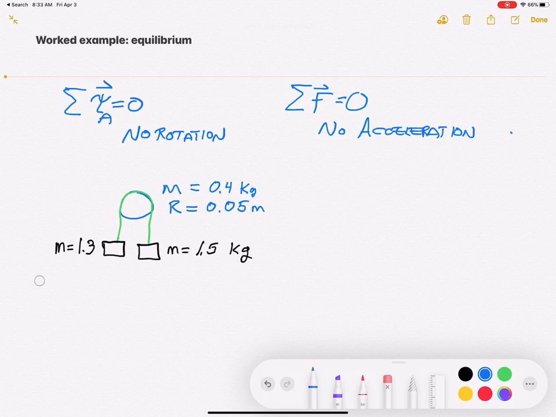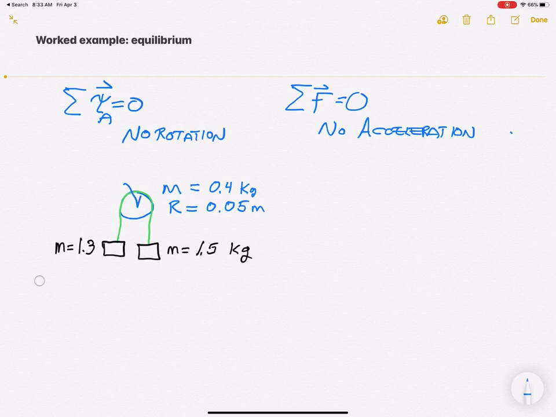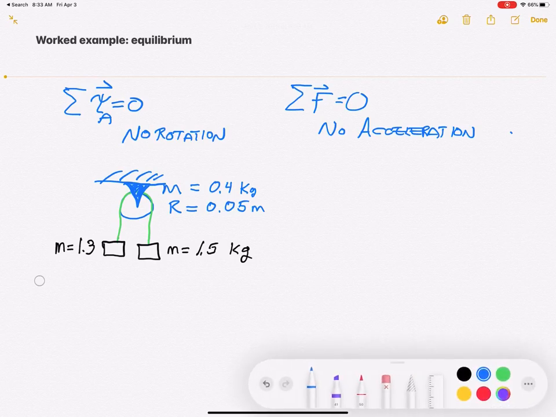Let me just do one more thing. I'm going to provide an anchor for the pulley off a ceiling so that it's a complete system. And I'll show you what I meant by a complete system.